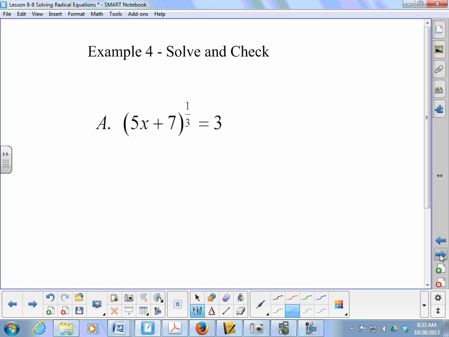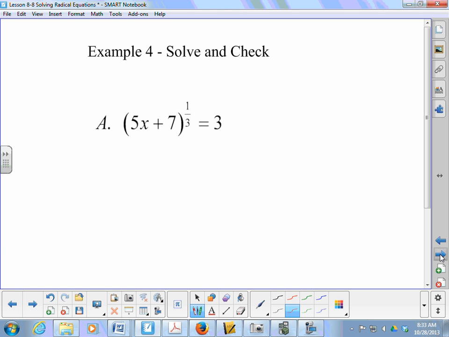We looked at rational exponents, didn't we? The denominator of the rational exponent is what part of the radical? It's the index. The denominator of the rational exponent is the index.